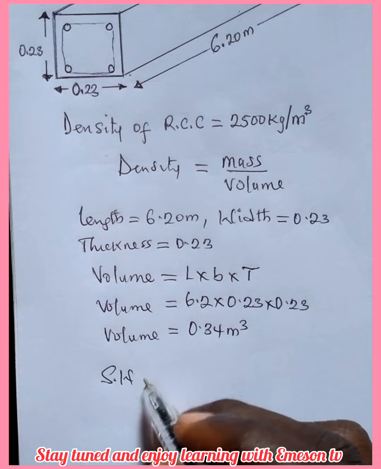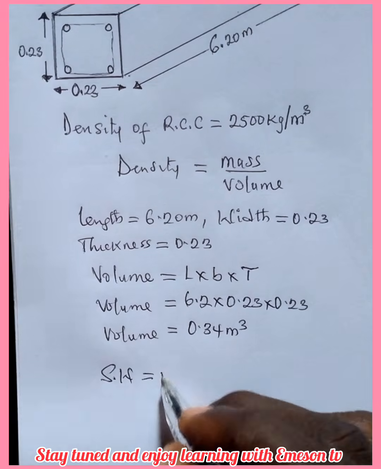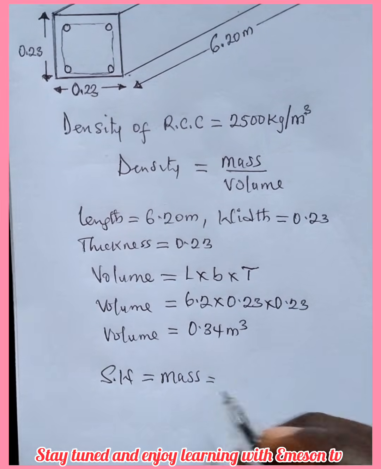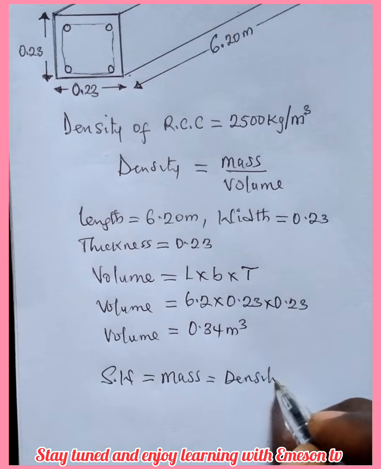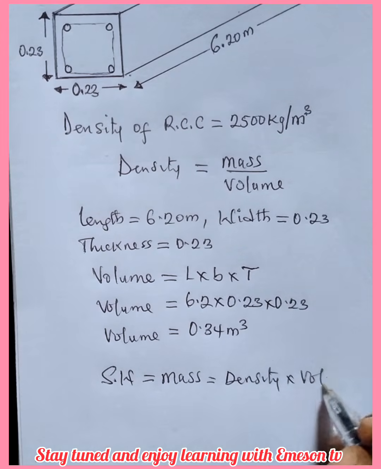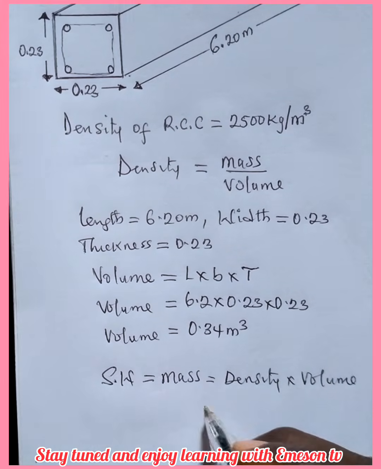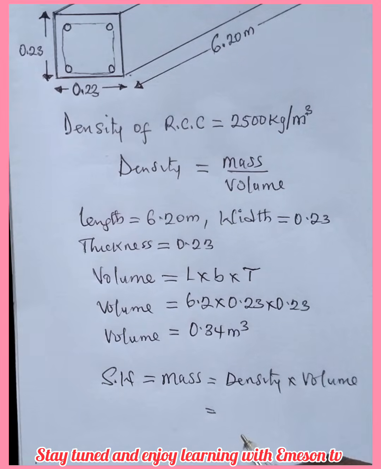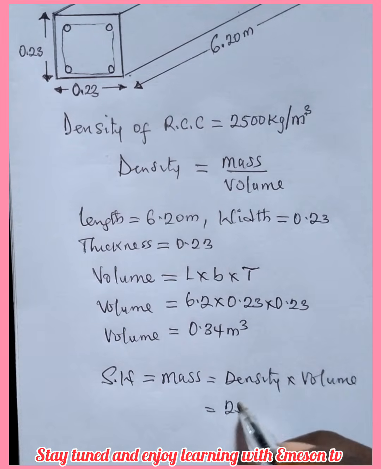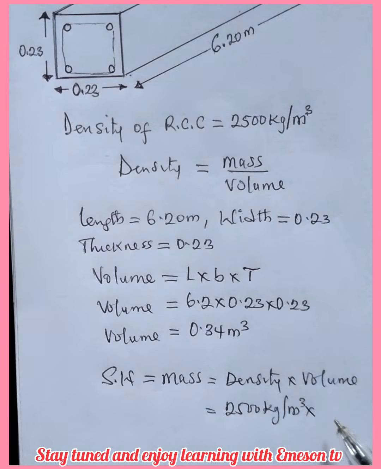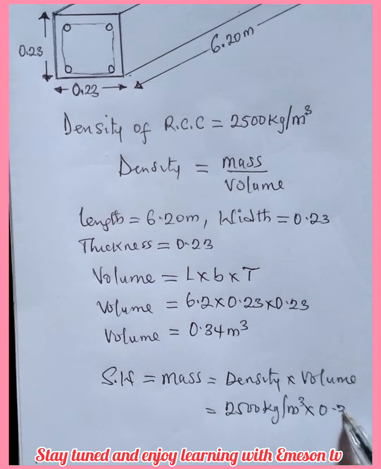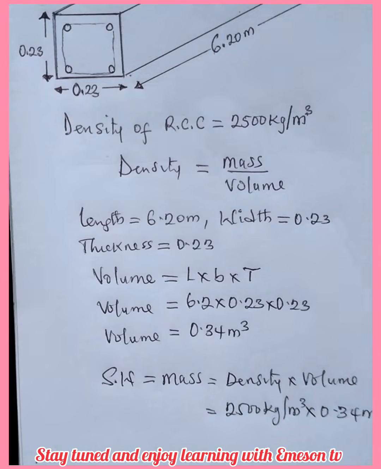So having known the volume, the next thing for us to determine is the self-weight. The self-weight, which is equal to the mass of this beam, is equal to what? Density multiplied by what? Volume. What is the density of this RCC? We have 2,500 kilogram per meter cube multiplied by the volume, 0.34 meter cube.